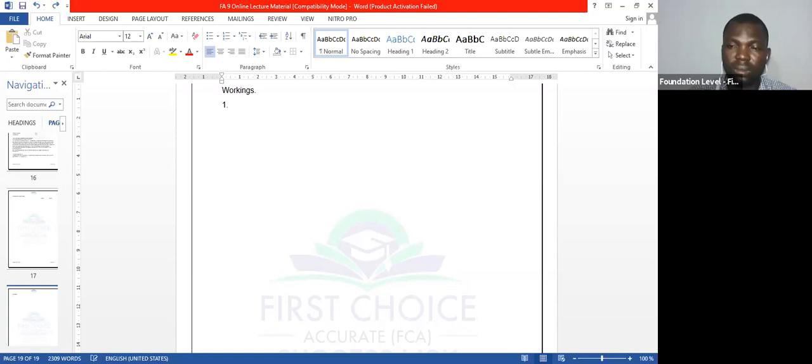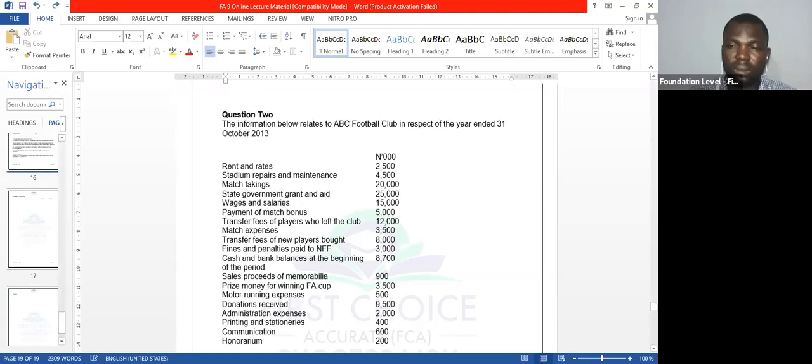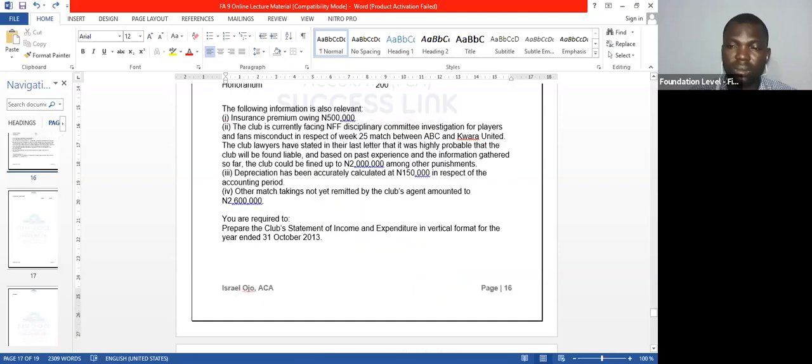Do we have an existing fine? Let's look. Yes, we have fines and penalty of 3,000. But if you look at the naira here, all these figures are in thousands. So these 3,000 that we have here under the penalty is 3 million. So we pick up our workings.